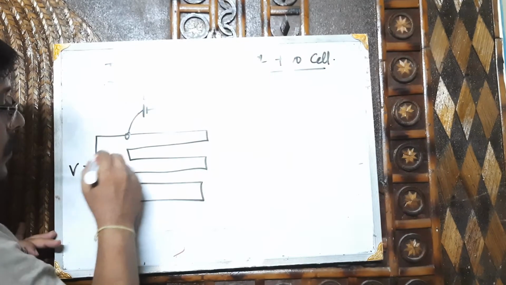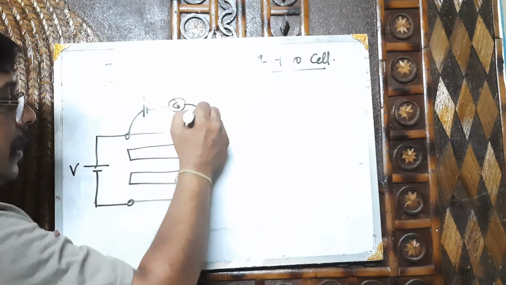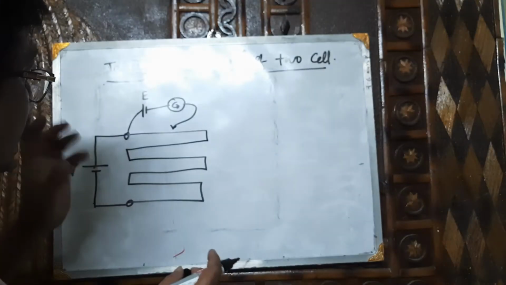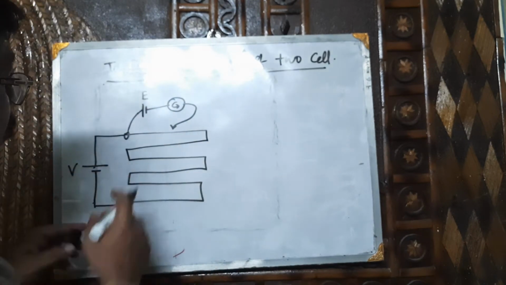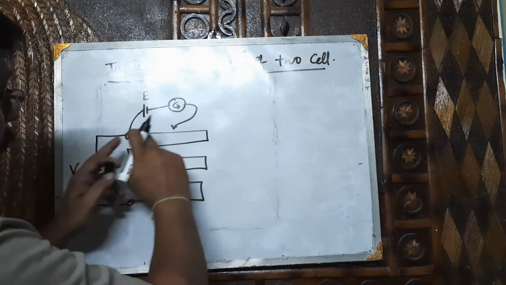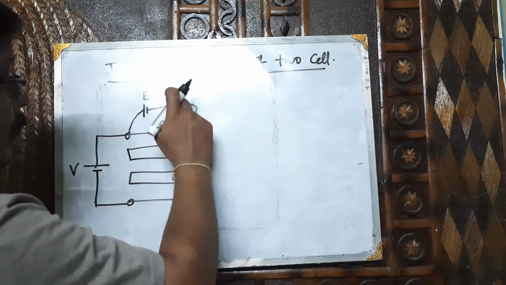First of all, use one galvanometer here, and this is the moving jockey. Now this voltage will be dropped over the total length. Now there is another battery E. So there are two batteries: the battery voltage placed on the wire, and this is our experimental battery with a galvanometer.